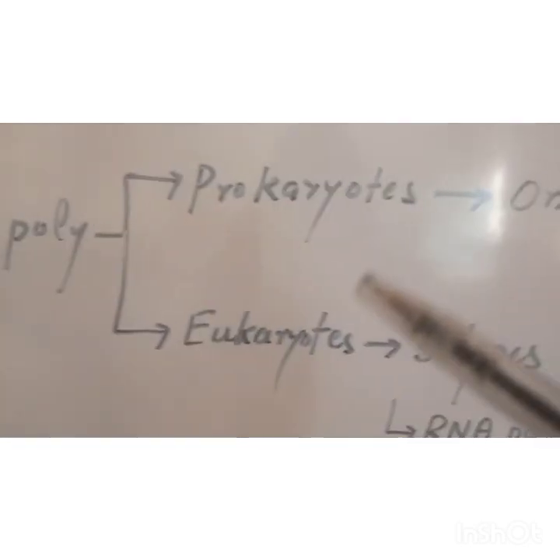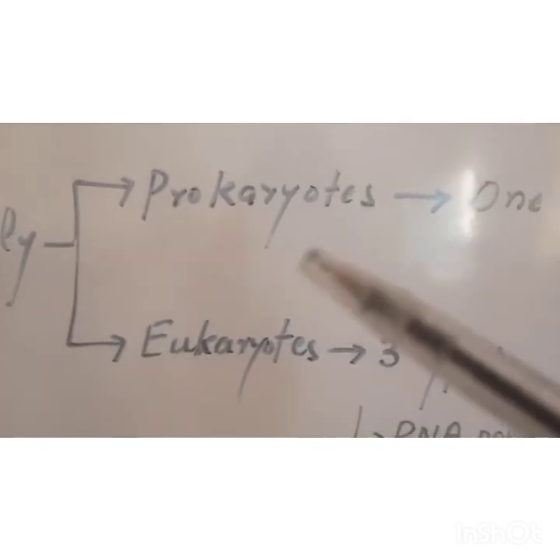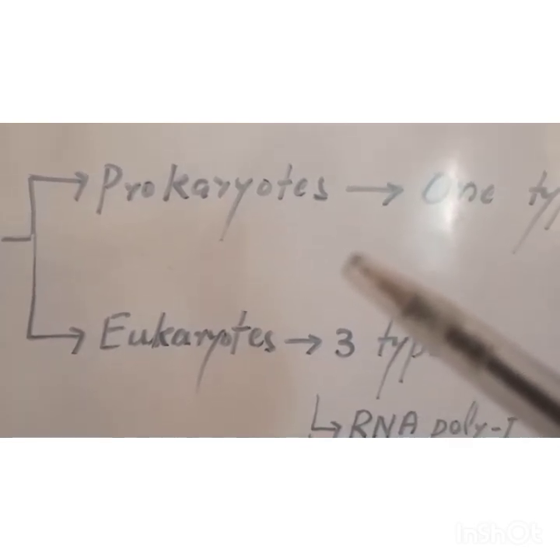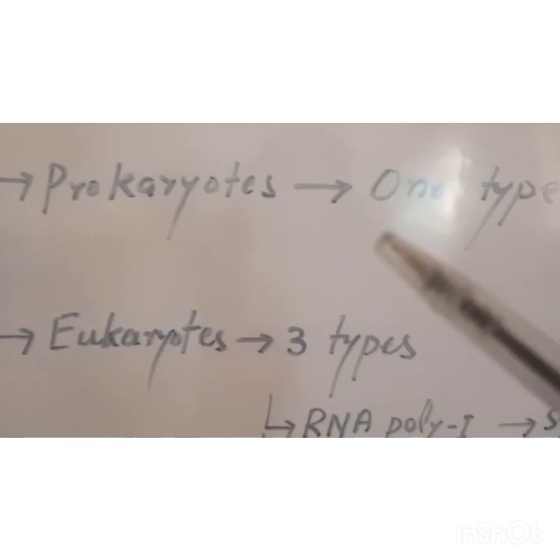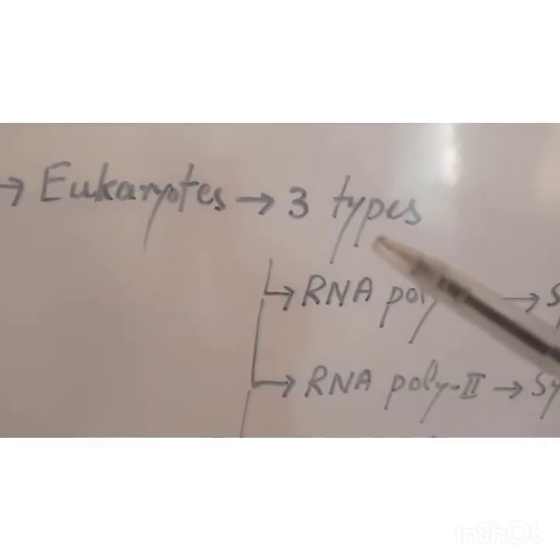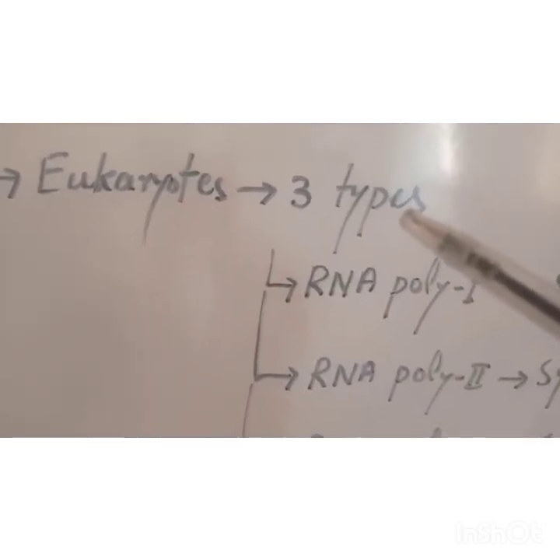Types of RNA polymerases. There are different types of RNA polymerases in the prokaryotes as well as in the eukaryotes. The prokaryotes, which are single-celled, consist of only one type of RNA polymerase, while in the eukaryotes, three different types of RNA polymerases are present.